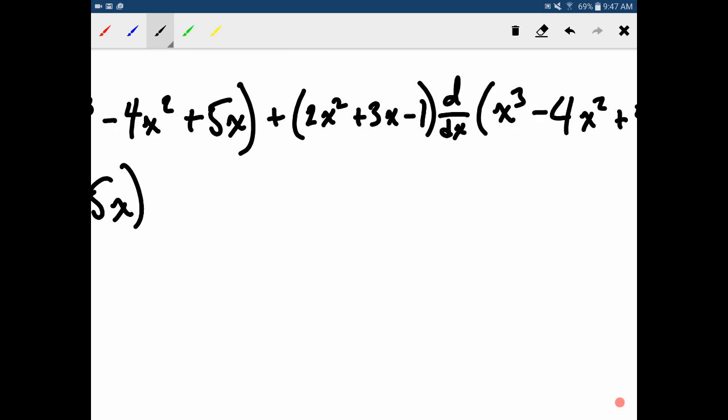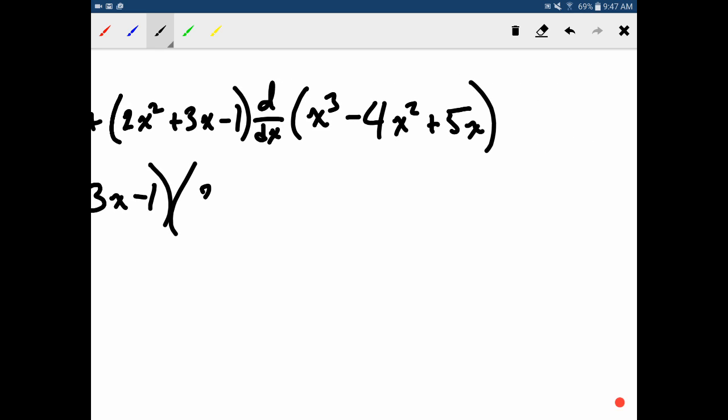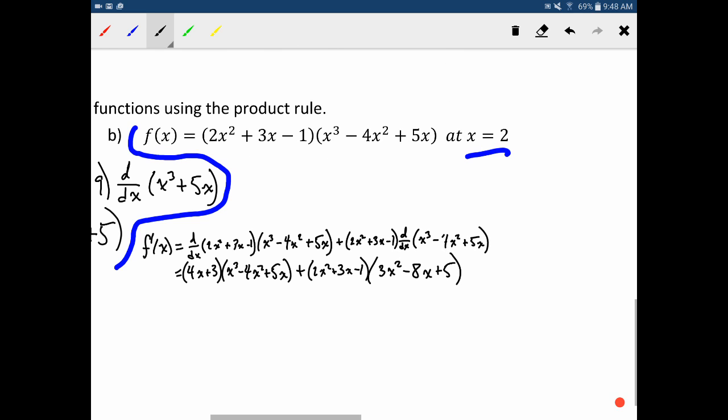And we're going to say plus 2x squared plus 3x minus 1 times 3x squared minus 8x. Whoops, I missed the plus 5. There we go. So there we have it.